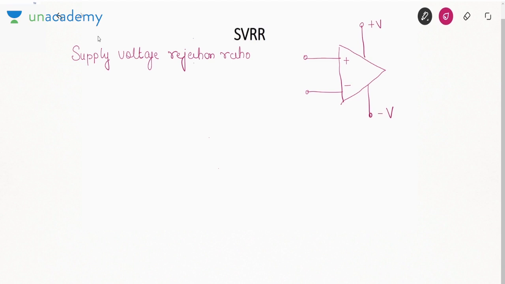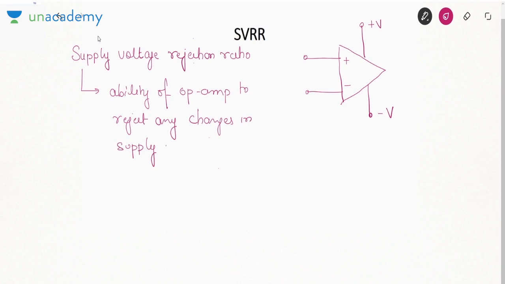So this supply voltage rejection ratio represents the ability of the Opamp to reject any changes in supply voltage. That means the performance of the Opamp should not change even if we change the value of supply voltage. Now this supply voltage might change due to some surges or fluctuation in the supply, but we want that the Opamp should not be affected by change in supply voltage.